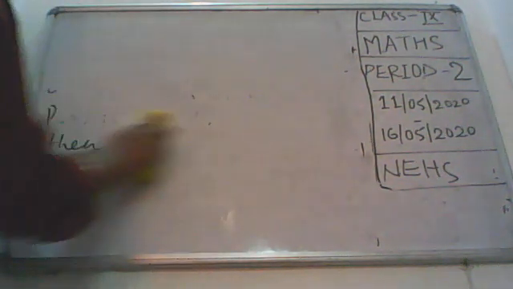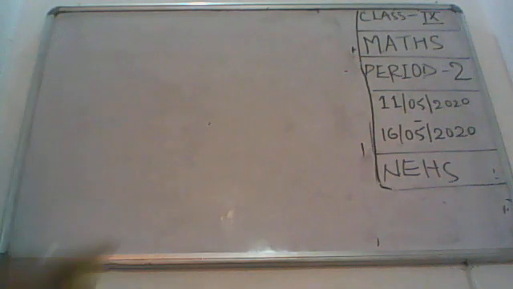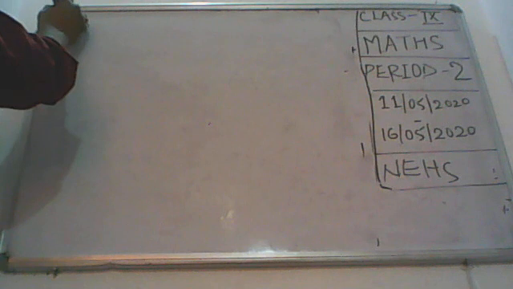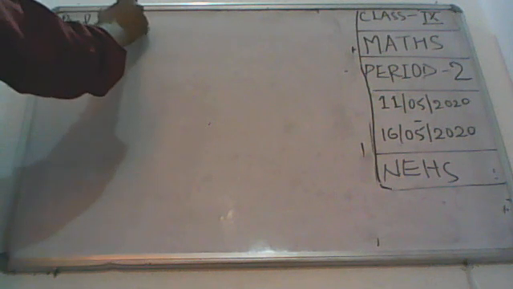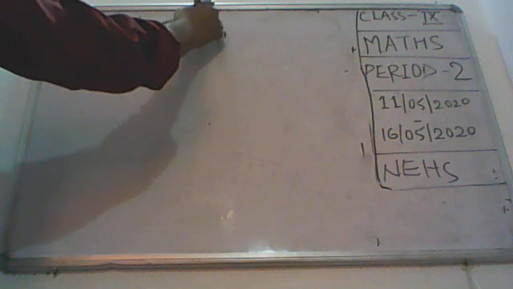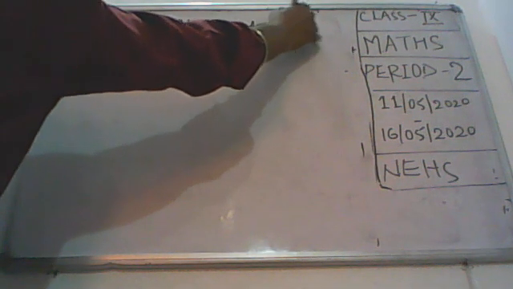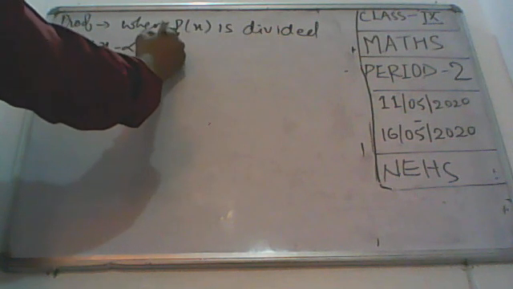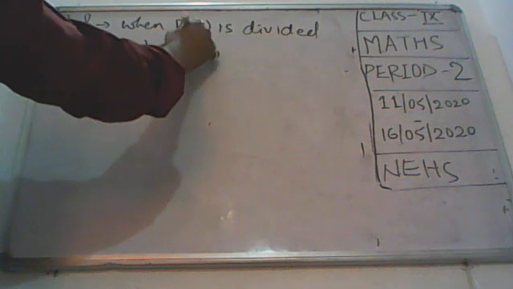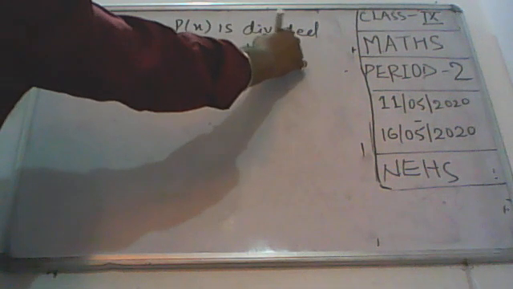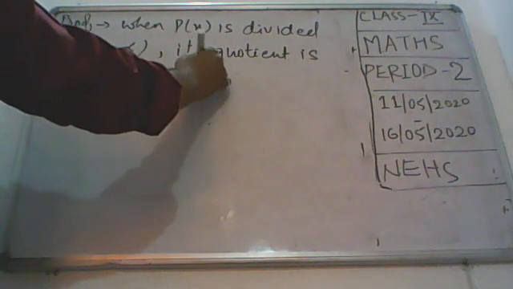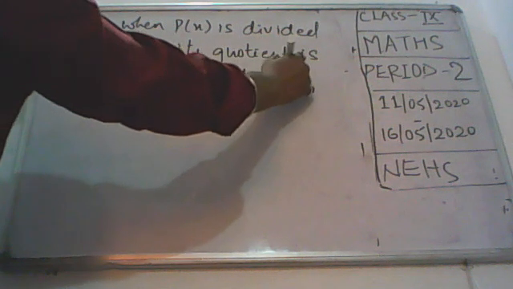This is one of the very important topics of polynomials, and you have to understand this nicely. So what are they actually saying? When p(x) is divided by x minus alpha, then obviously some quotient will come. Its quotient is q(x) and remainder is r(x).